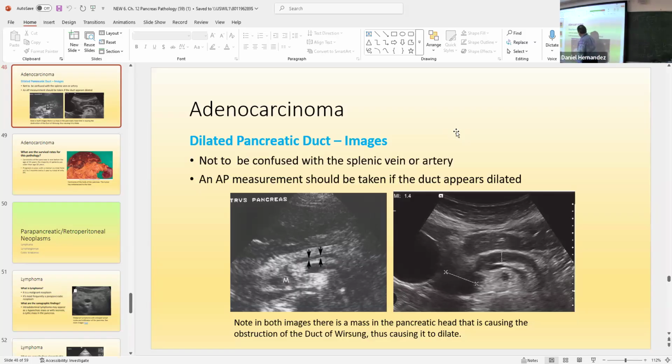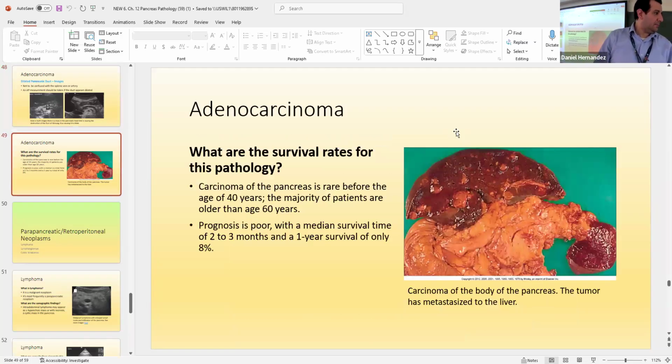Take an AP measurement inner to inner for the diameter of that pancreatic duct. So what are the survival rates for this pathology? Carcinoma of the pancreas is rare before the age of 40. The majority of patients are older than 60 years of age. Unfortunately, prognosis is poor, with a median survival time of 2 to 3 months and a 1 year survival of only 8%.